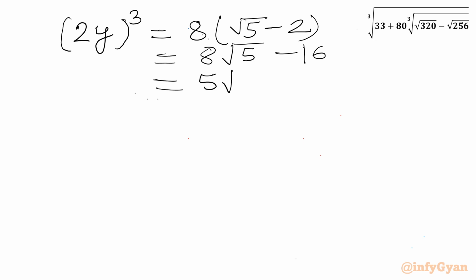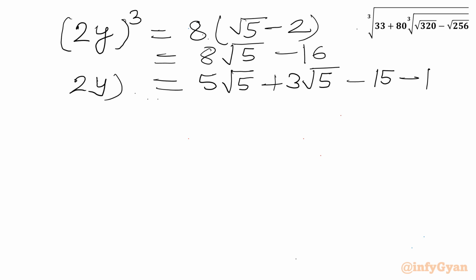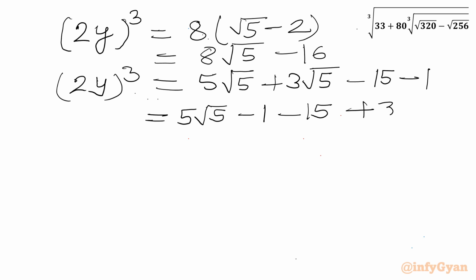So I will be writing 5 root 5 plus 3 root 5, and minus 16 we can write minus 15 minus 1. LHS is 2y whole cube. Now I will rearrange the numbers. 5 root 5 first, minus 1 second, minus 15 third, and 3 root 5 fourth.